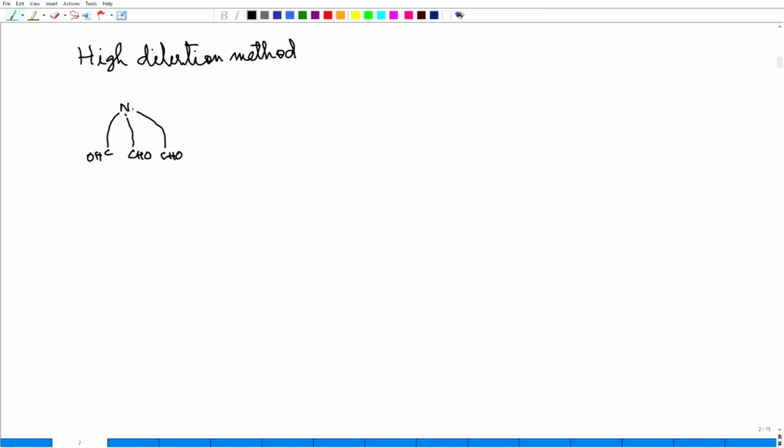So, when we take it in the solution phase, the concentration of this trialdehyde is very small, and then from the top we put this amine, a dilute solution of amine drop wise.